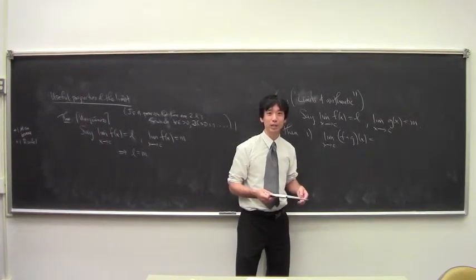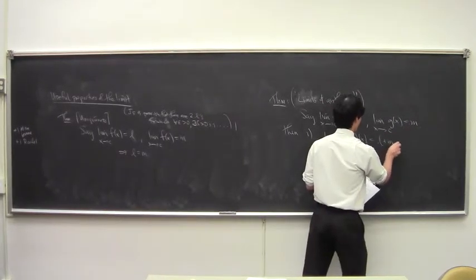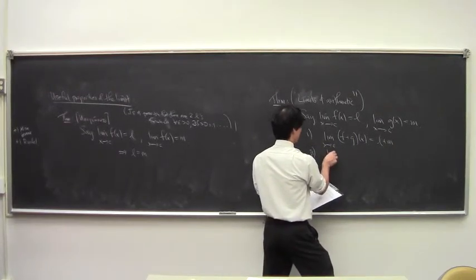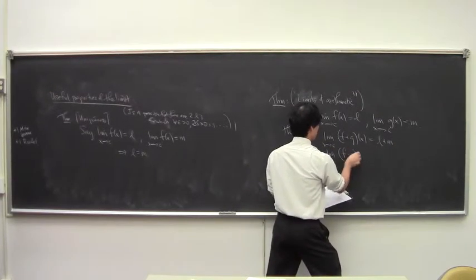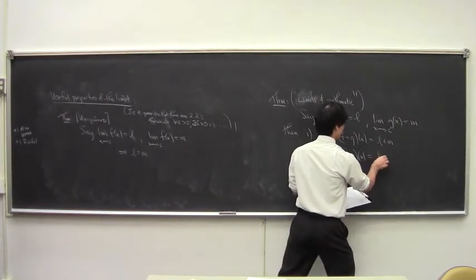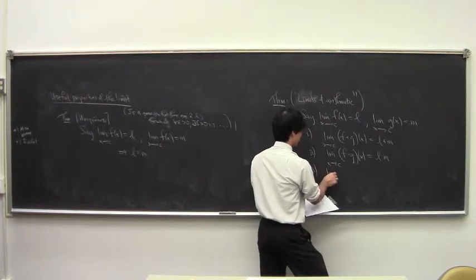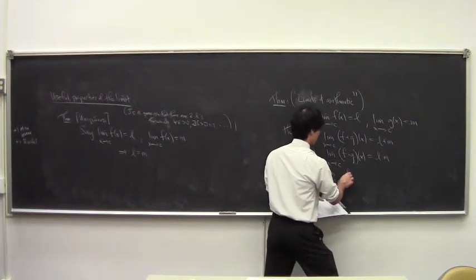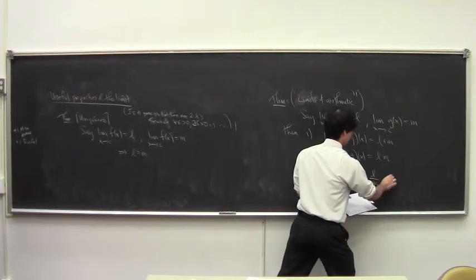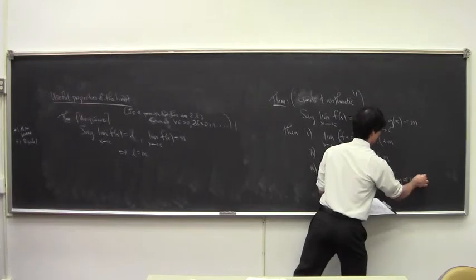Just blurt it out. L plus M. Yeah, it'll be L plus M. The limit of the product function f times g is going to be L times M. The limit of the quotient function is going to be L over M as long as M is non-zero.